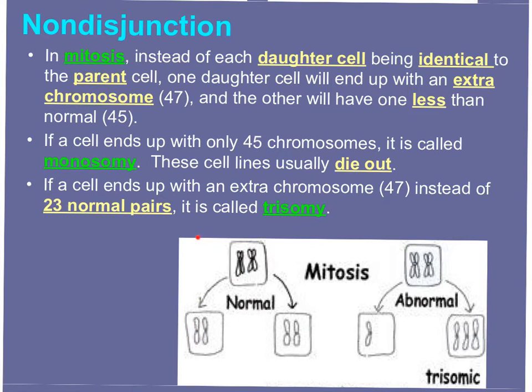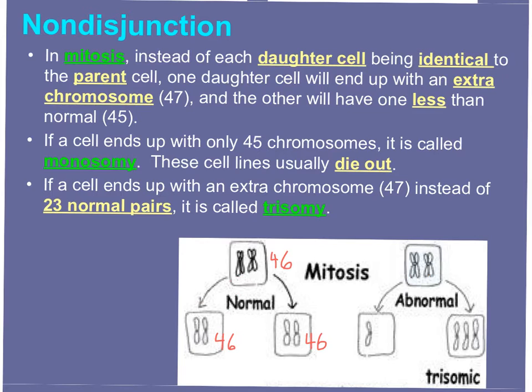Now, of course, this is a simplified version, because if we're talking about human cells, then we're going to have a total of 46 chromosomes, and we want an end goal of 46. So it's simplified, but it's really hard to draw 46 chromosomes in a tiny little box, so we usually do simplify it.